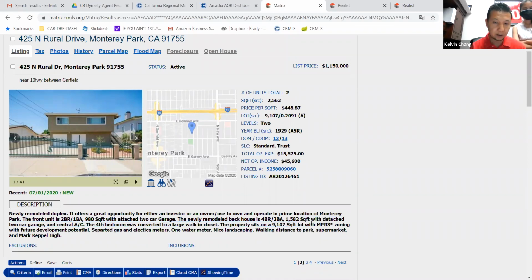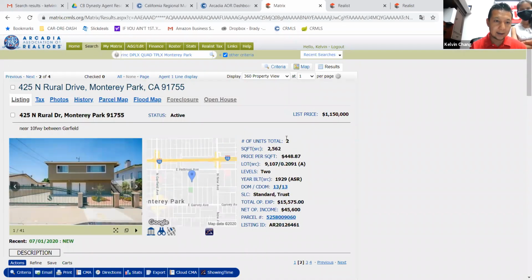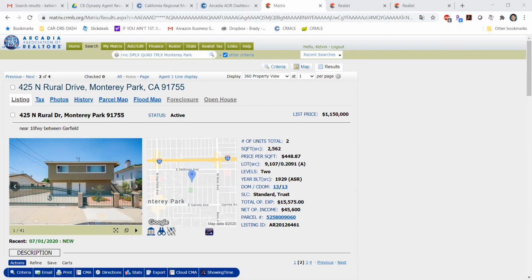The rear is larger, correct. R3 zoning, separate meters. It's a nice property, but they're asking 1.85 million for a net of $45,000, whereas I'm asking 985 for a net of 35,000 roughly. Oh, right. This is a different one.